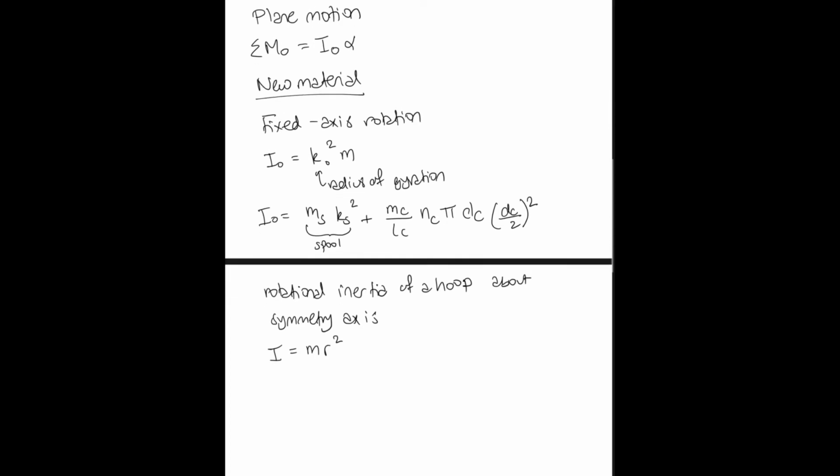And then finally, we're just going to multiply that by the radius, which is dc over 2 squared. And that's for the cable. Now that we've got our equation ready, we can plug in our known values.